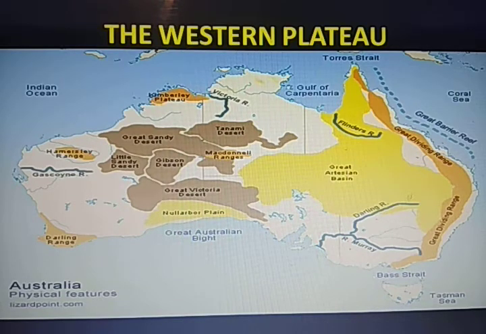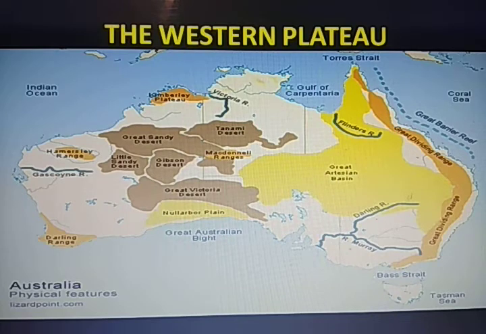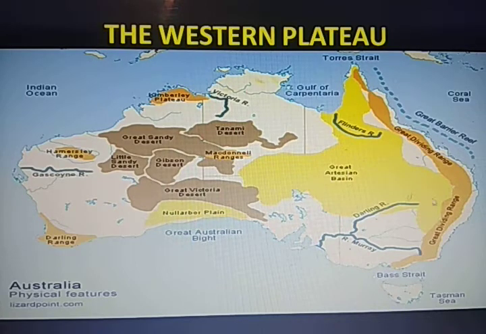Near Alice Springs, roughly in this part, you will find the world's largest single rock. Apart from that, this Western Plateau consists of basically hot deserts. This light brown colored feature you are seeing is the hot desert: the Great Sandy Desert, the Gibson Desert, and the Great Victoria Desert.